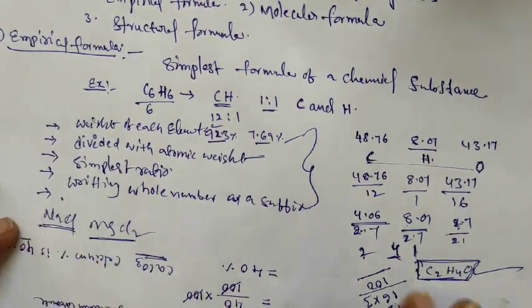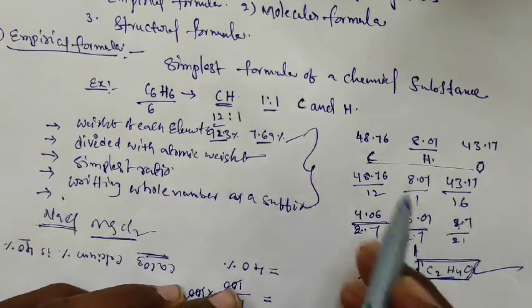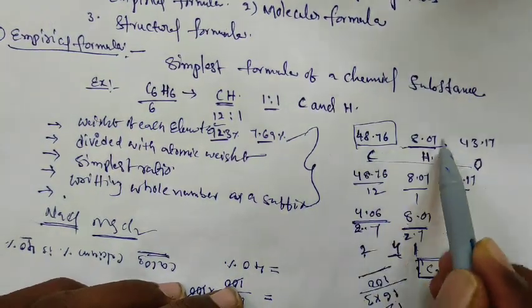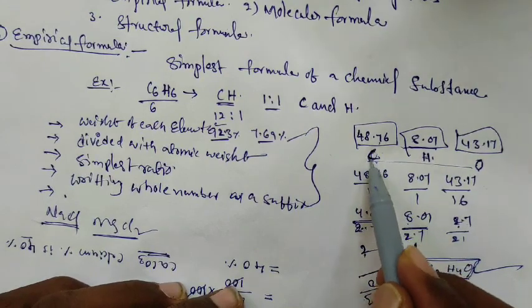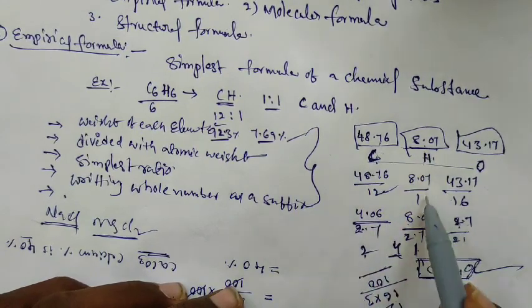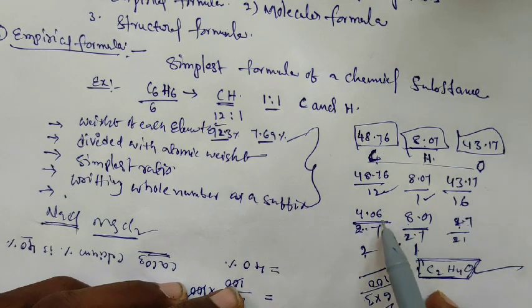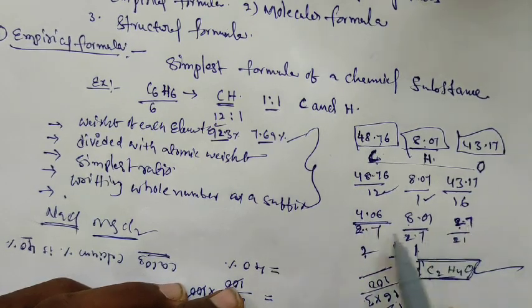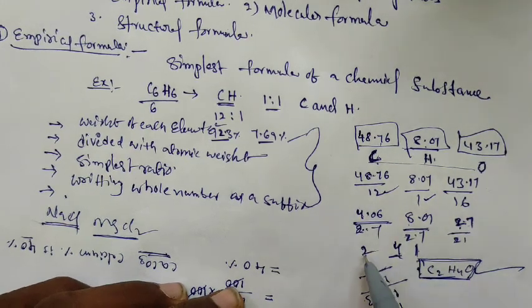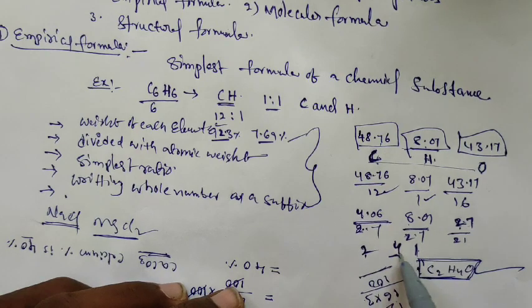We can identify it with the help of this. They will give some percentages. That percentage is divided by atomic weight, and we will get some values.